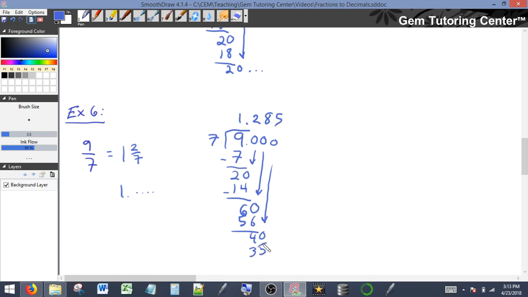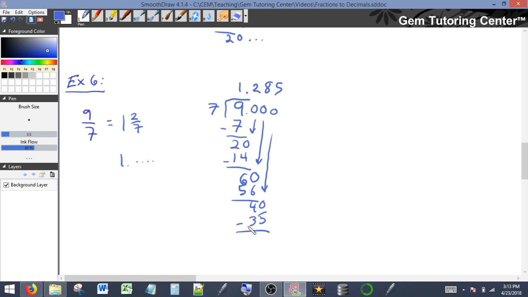So we've got a 35 here and a 5 here. And then we have to bring down another 0. So as you can see, this actually goes on for a long time. It may repeat, it may not repeat. The point being here that this goes on for a while. It may actually repeat, but I'm not going to keep going because it will take too much time.